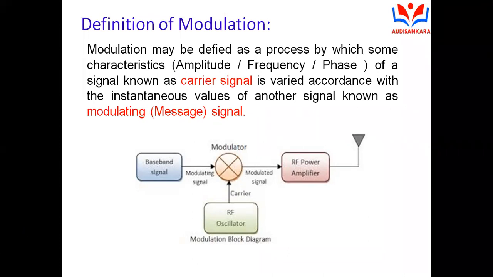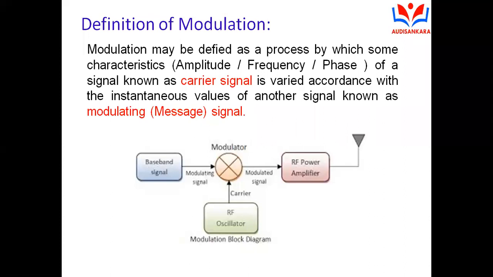Insert the definitions. Modulation means the process of varying some characteristics of high frequency signals in accordance with the instantaneous amplitude of the message signal. That is called the modulation definition.